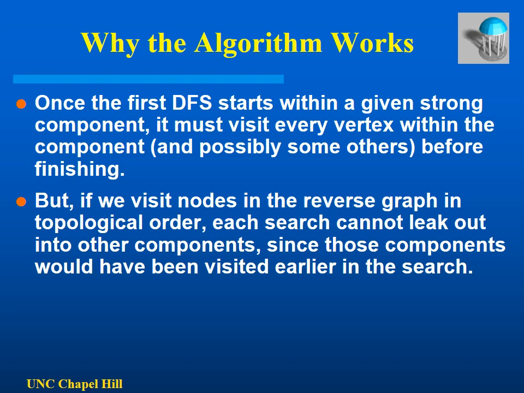And so the depth first searches will just stay within the components and never be able to leak out. Those components either would have been visited earlier in the search, or will not yet have been visited, but there's no arc to them in the reverse graph.